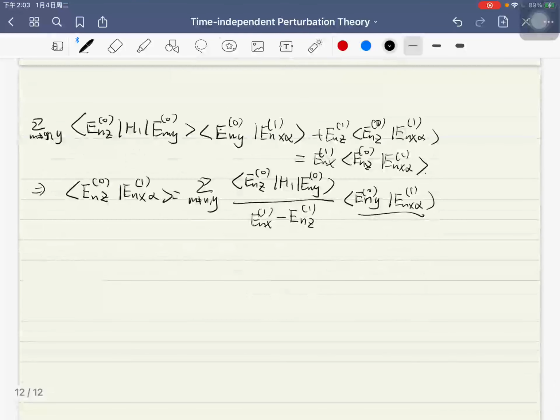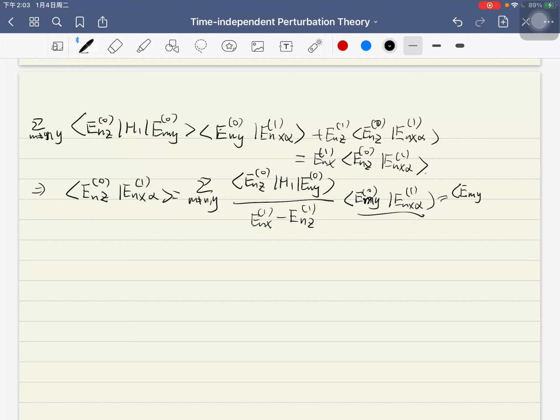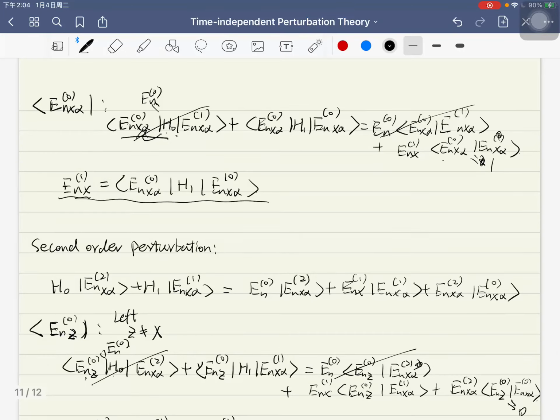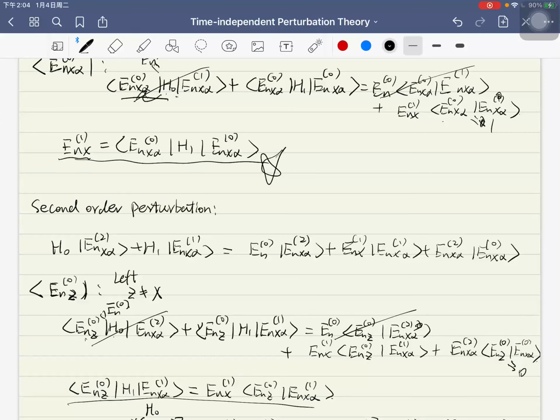So this term equals E m0 H1 E n x alpha 0 over E m0 minus E n0. So we have found the first order energy correction.